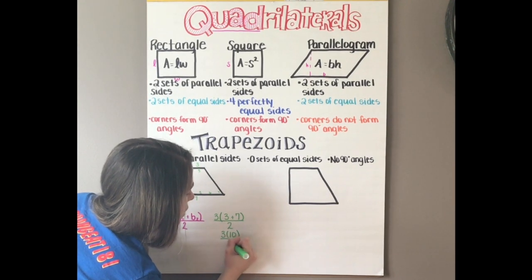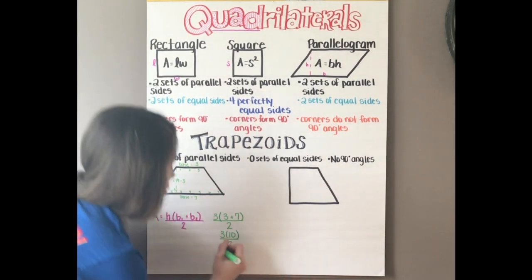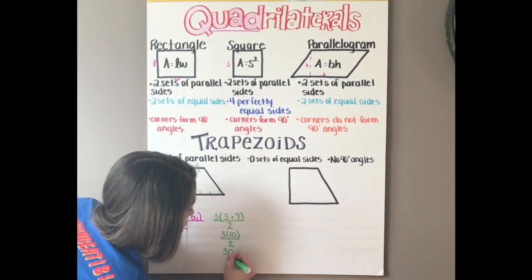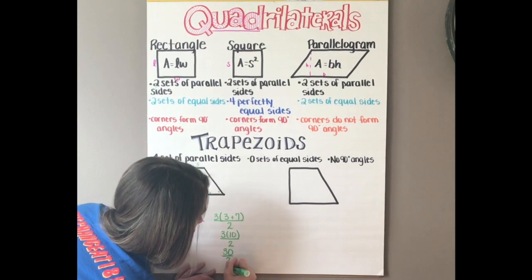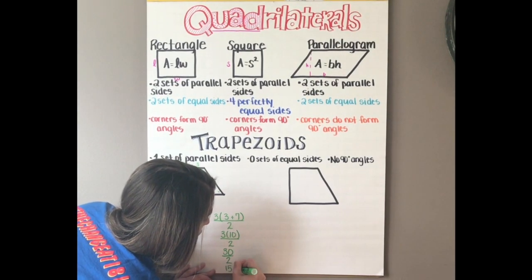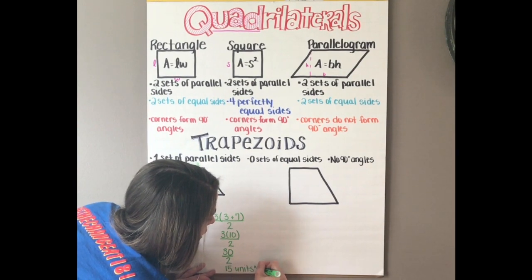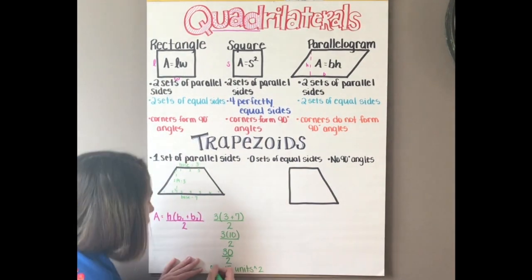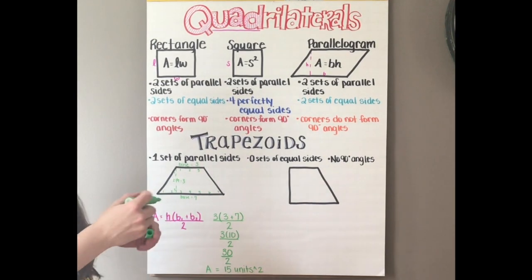Multiplied by 3, divide by 2. Now I'm going to do 3 times 10, which is 30. Divide by 2, and 30 divided by 2 gives me 15 units squared. So the area of this trapezoid is 15 units squared.